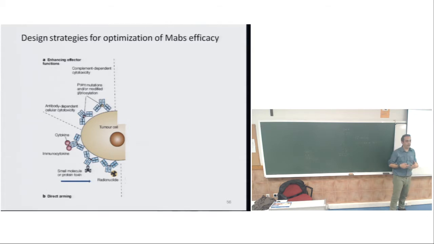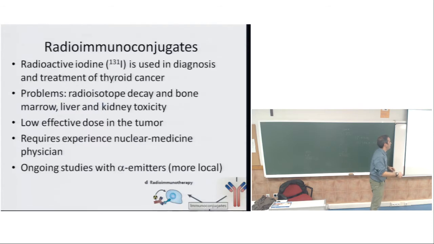Some other thing we can attach to the monoclonal antibodies are radioactive isotopes. You know that radiation has been used in medicine for many years. In fact, radioactive iodine is used for the treatment of thyroid cancer. The problem is that this isotope decays very rapidly. There's toxicity.